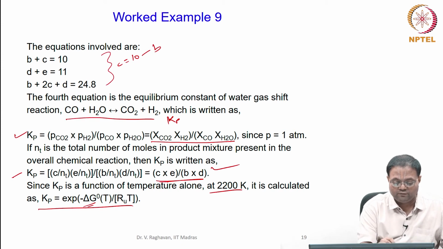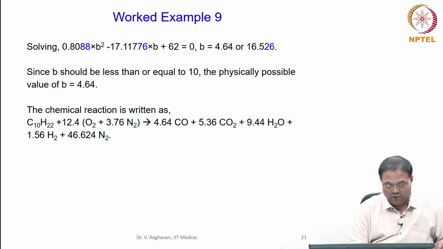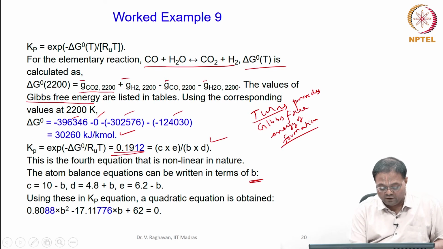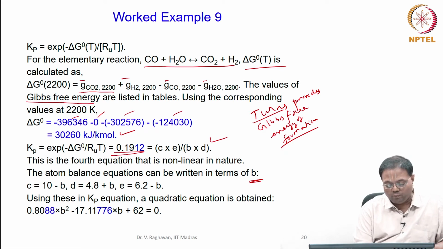So, in this equation if you substitute for this, then D can be written in terms of B. Once D is written in terms of B, E also can be written in terms of B. So, in these 3 equations we can write everything in terms of B: C equal to 10 minus B, D equal to 4.8 plus B, E equal to 6.2 minus B.